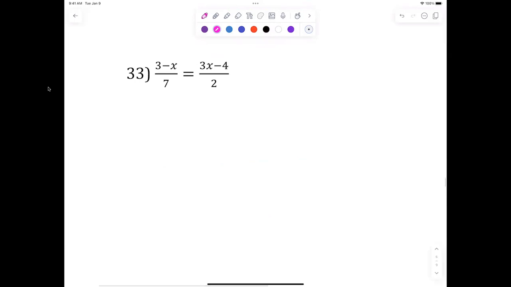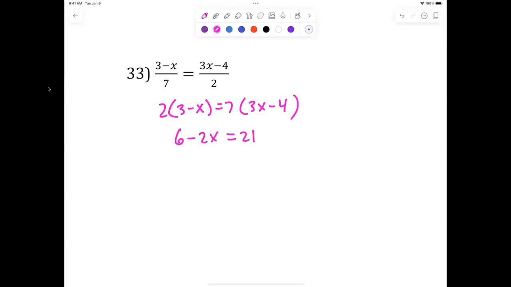Again, cross multiplying. I want to jump ahead. 2 parentheses 3 minus x equals 7 parentheses 3x minus 4. 6 minus 2x equals 21x minus 28.